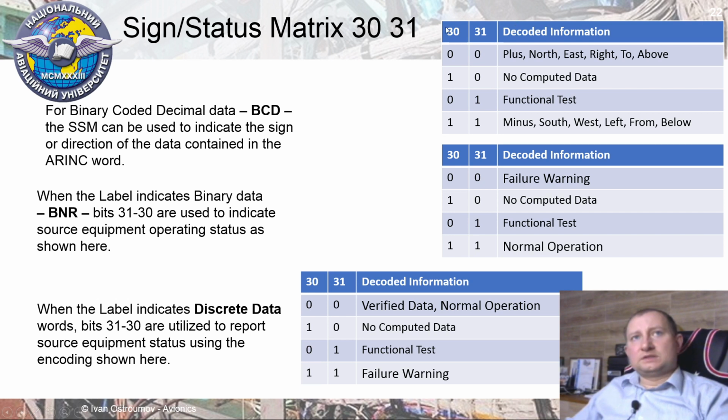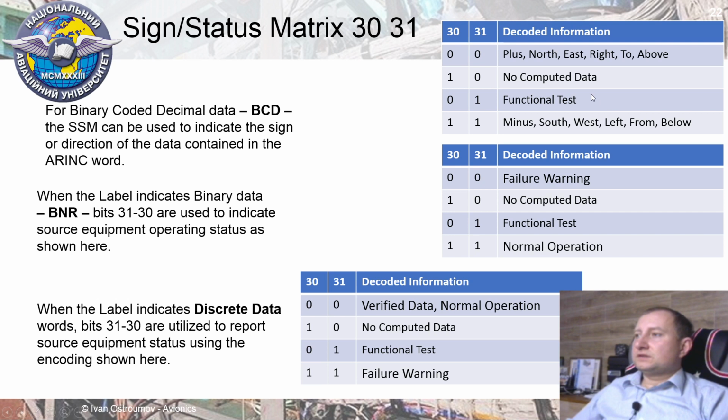Thus, 0, 0 means plus, north, east, right, to, above; 1, 1 means minus, south, west, left, from, below. If we have 1, 0, it means that there is no computed data. And 0, 1 means that it is a functional test. It means that the system is in functional test now.